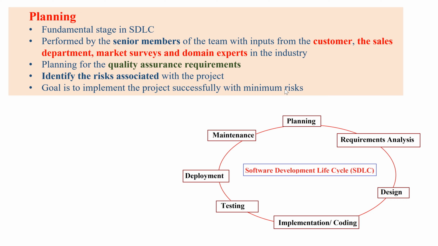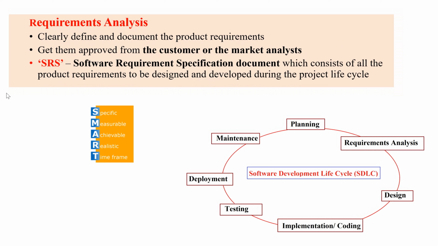Once the planning stage is done, they will provide the requirement documents, and those requirement documents will be analyzed in the requirement analysis stage. So let's go to the requirement analysis stage. What do we have here first? First, we have the SRS document, the software requirement specification document. These documents are fully approved and written in detailed clarification.